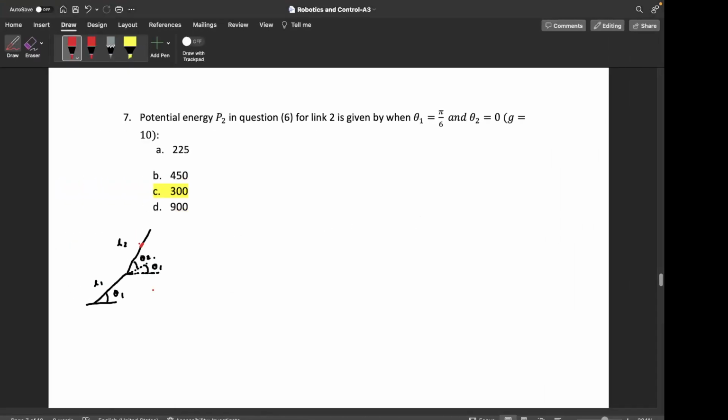So we take an element on the second link at a distance L, right? So that's what you do while finding out, let's say, moment of inertia or these kind of quantities for a distributed system. You take small elements and then integrate. So we take a small element of length dl at a distance L from this joint, right?